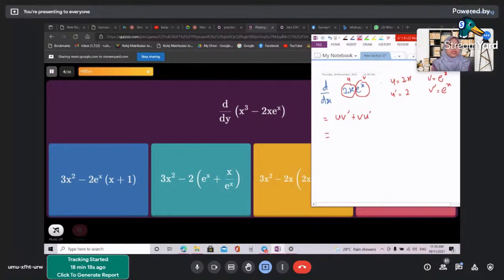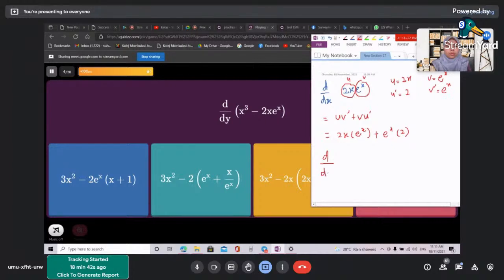Okay, so substitute all four terms. So v is e power of x, u prime is 2. Then this is the derivative of 2x e power of x.